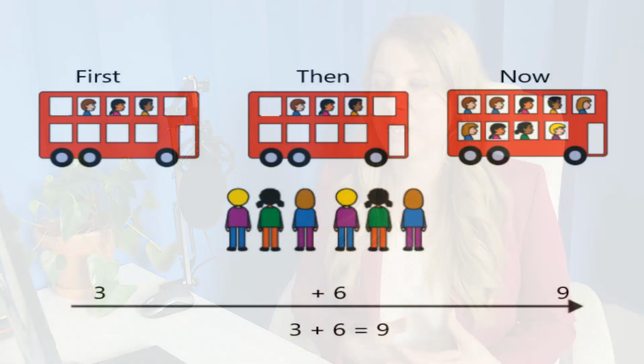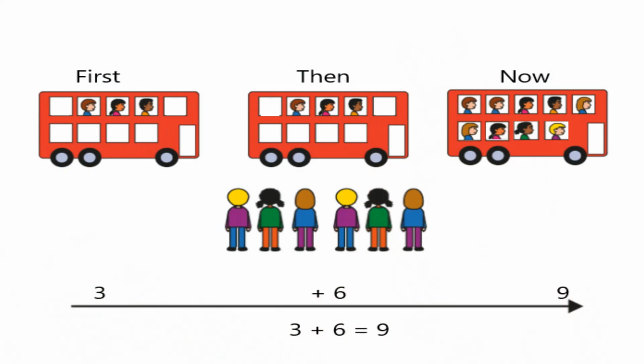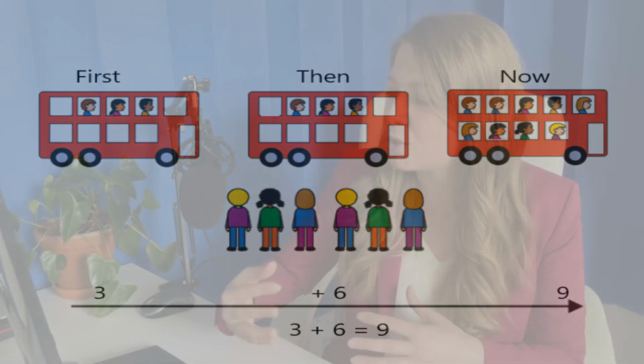We can start with, let's imagine that we are on a bus. 3 will be the first number. So first there will be 3 people on the bus, then another 6 will join. How many people are we going to have on the bus now? The same thing we can do with calculations that involve the subtraction operation.